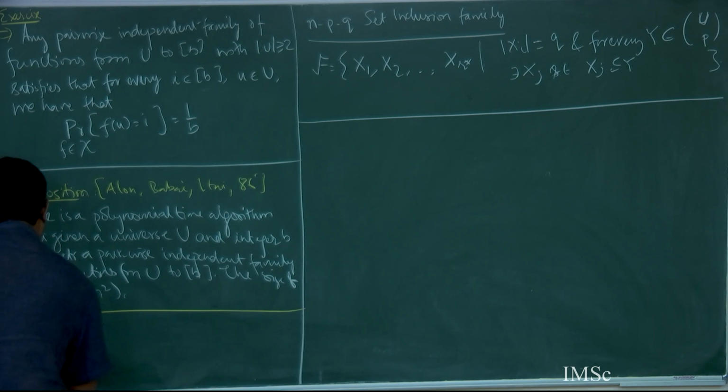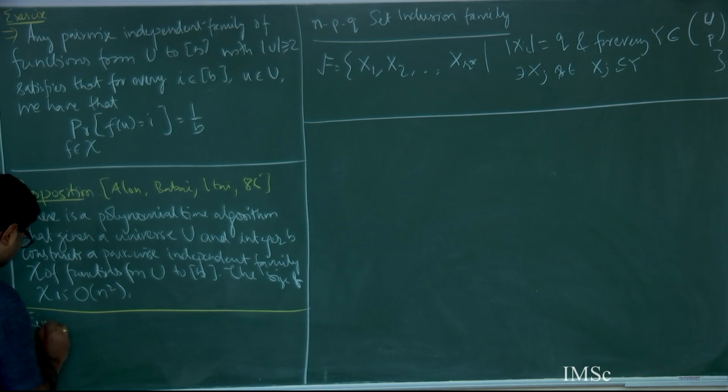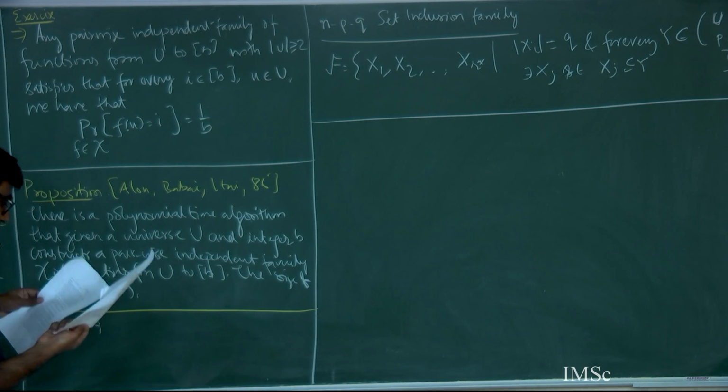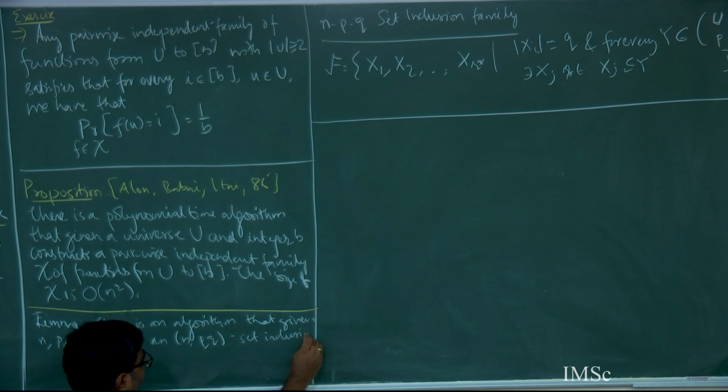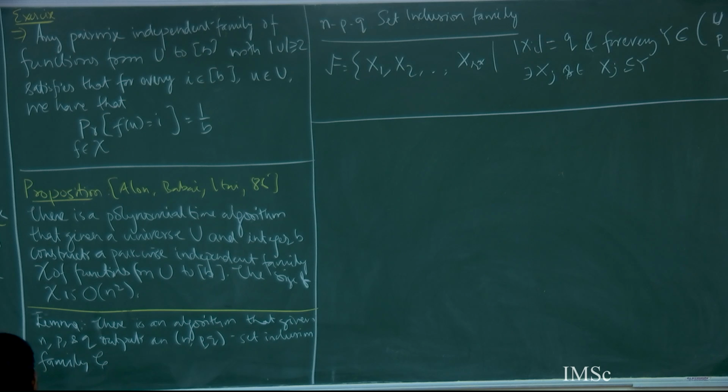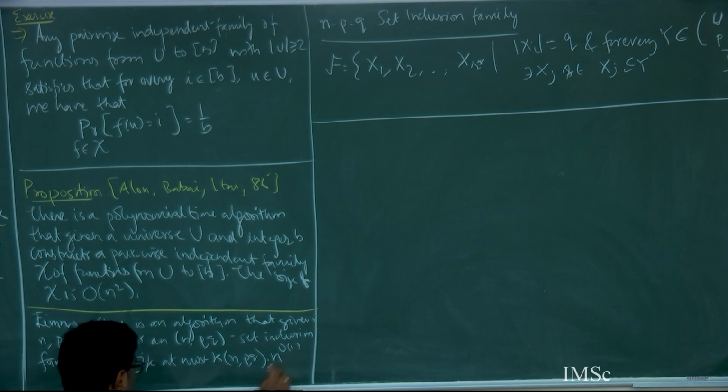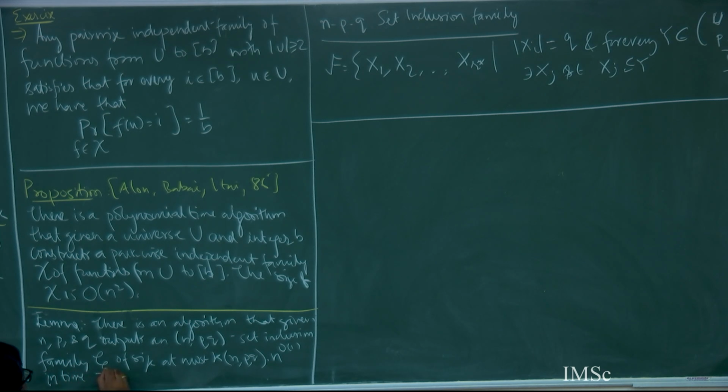Another fact, a lemma which we already proved last time: there is an algorithm that, given n, p and q, outputs an (n,p,q) set inclusion family C of size at most kappa times n to the power big O of 1, in time of the same order.